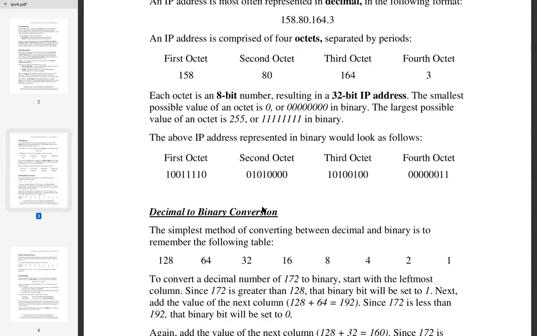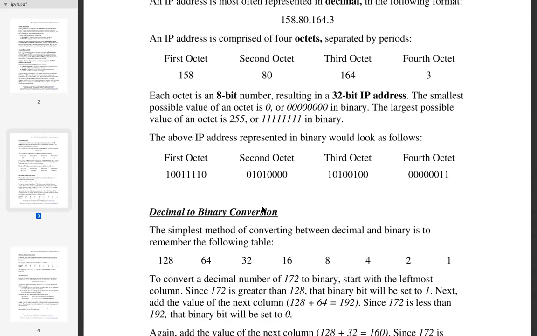Okay, now in an octet, the smallest possible value of an octet is 0. Because we are dealing with zeros and ones, the smaller will be 0 and the higher will be 1.